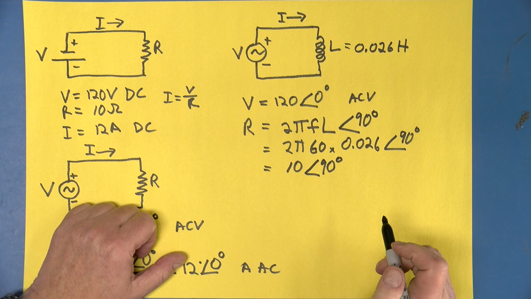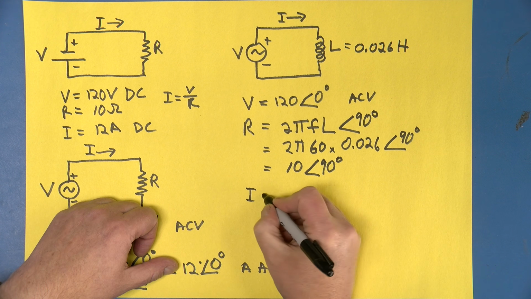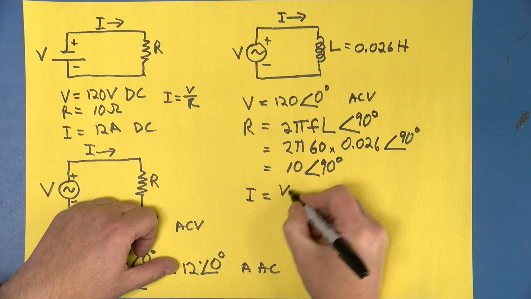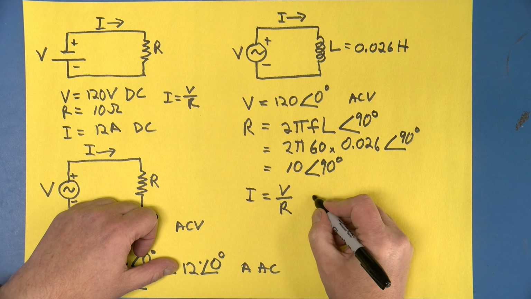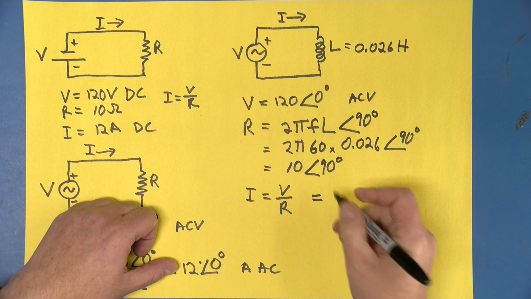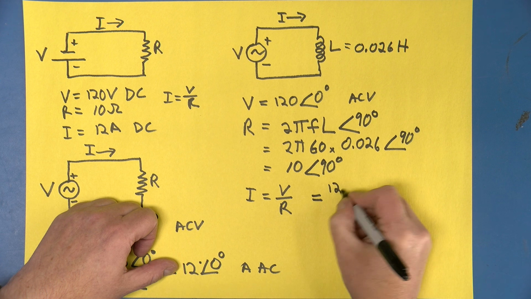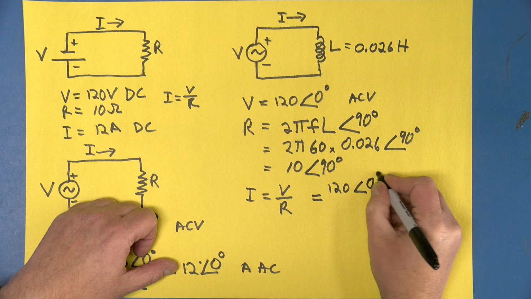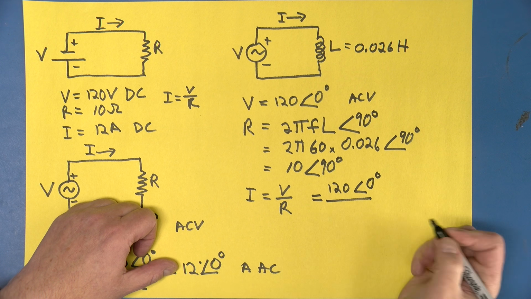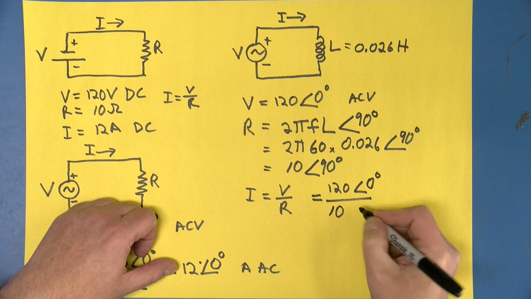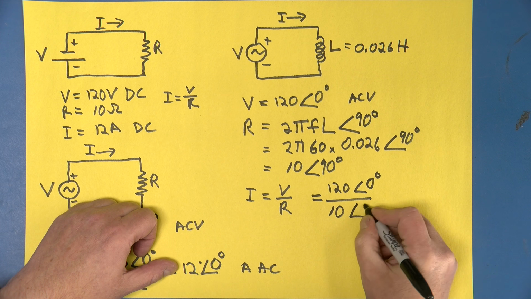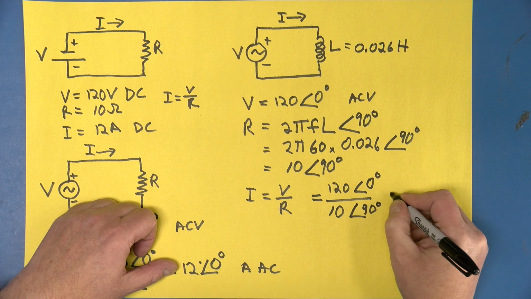Well, we now do I equals V over R equals 120 at an angle of 0 degrees divided by 10 at an angle of 90 degrees.